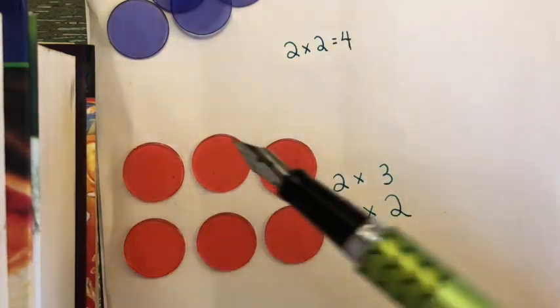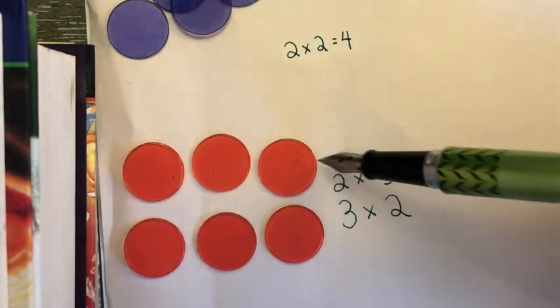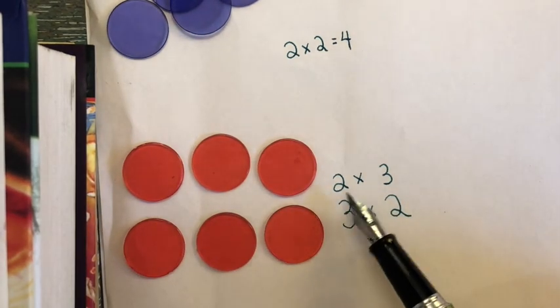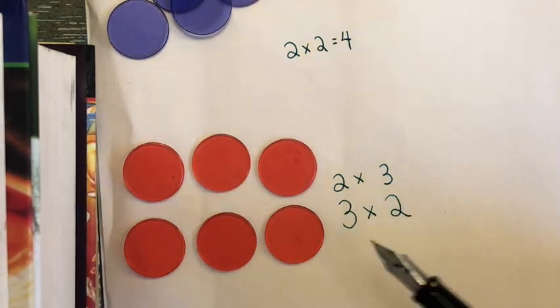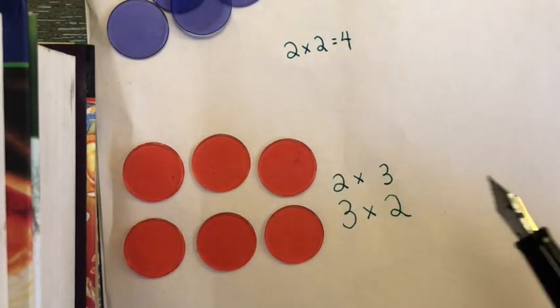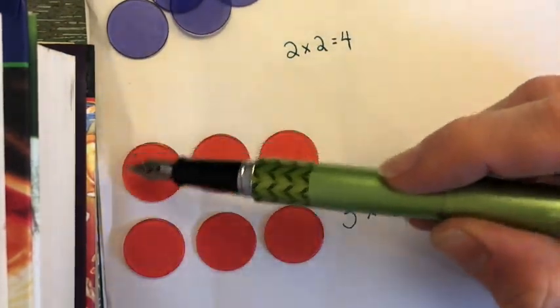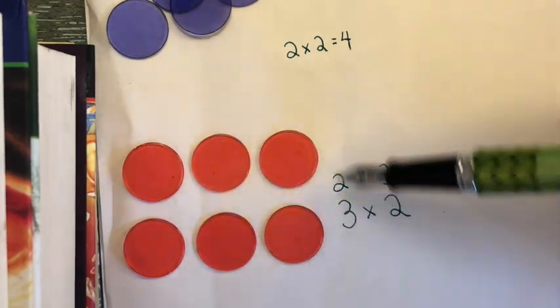So my 2 groups of 3, I've got 1 group of 3 here, there's 1 group of 3, and 1 group of 3 here. 2 groups of 3. If I look at my array the other way, I have 3 groups of 2. And so look, 3 groups of 2. 1 group of 2, 2 groups of 2, 3 groups of 2.